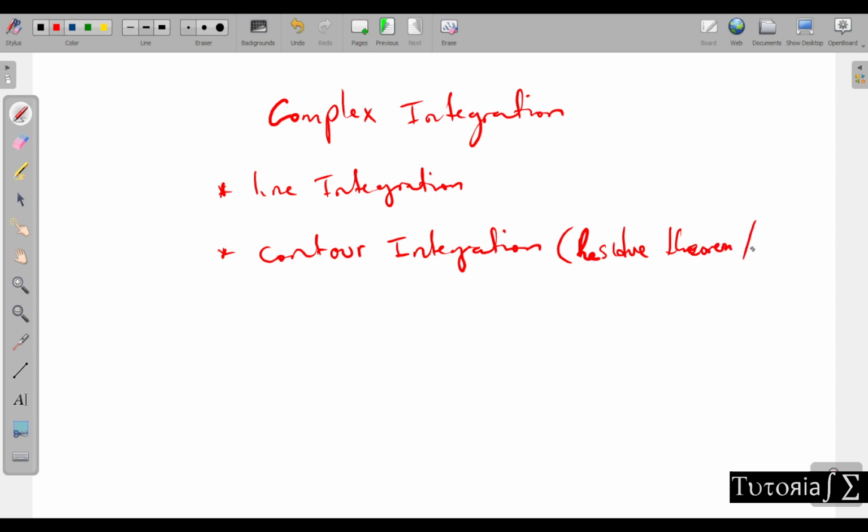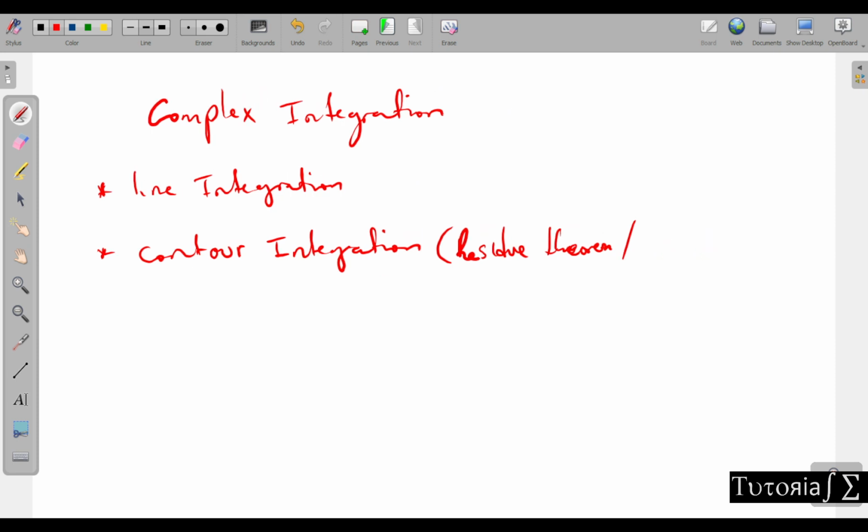Later we are going to do Cauchy's theorem. So we are going to start with the residue theorem.